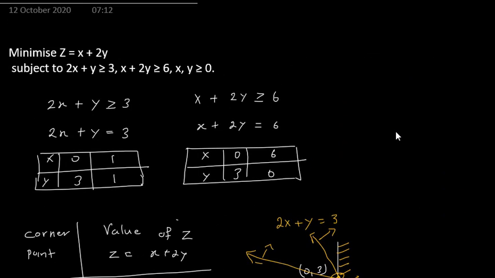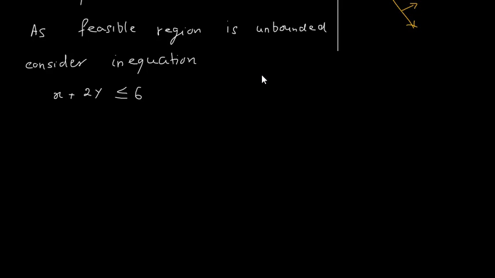Here we have x plus 2y greater than or equal to 6. We have to minimize x plus 2y only. So x plus 2y equals 6.